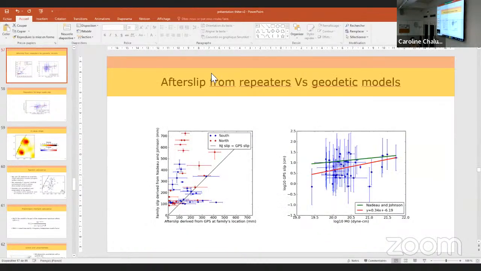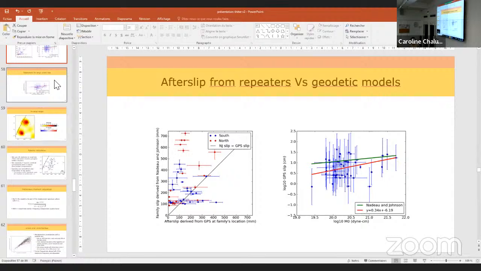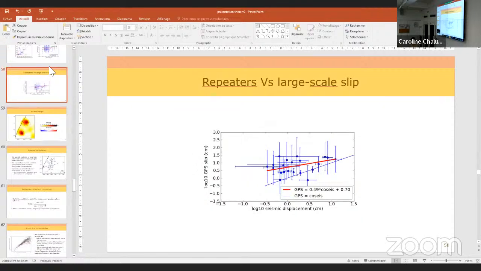Yes. So this right here on the right is showing seismic moments as a function of the GPS. As you've seen in the manuscript, I've also tried to look directly at the seismic displacement as a function of the GPS displacement.